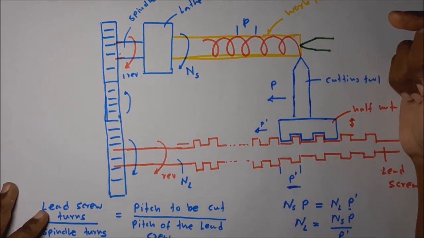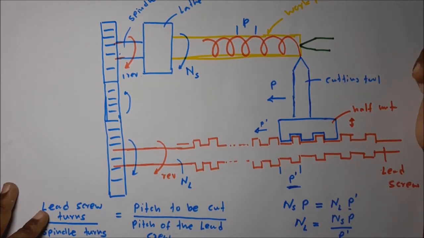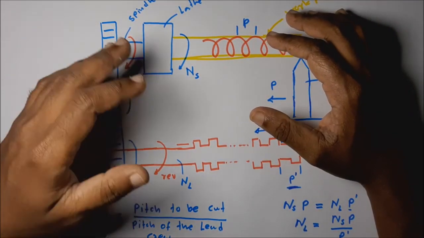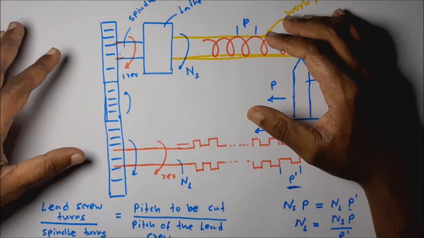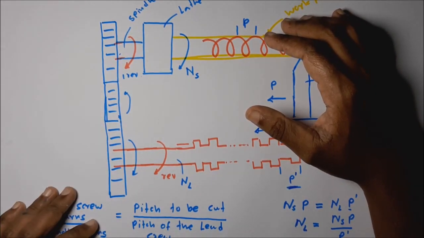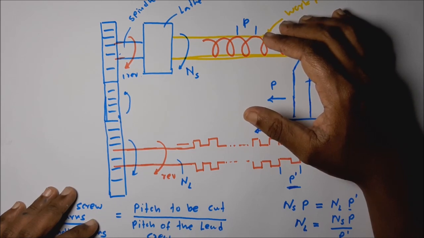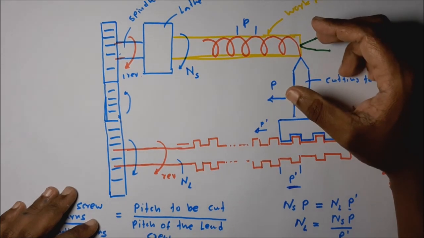Okay, then in the next lecture we are going to design this gear train. Then we can discuss how to design these gears, compound gear trains and simple gear trains using the available gears.